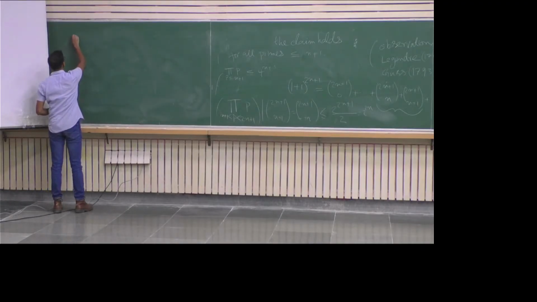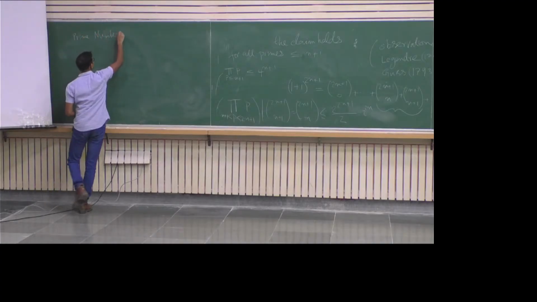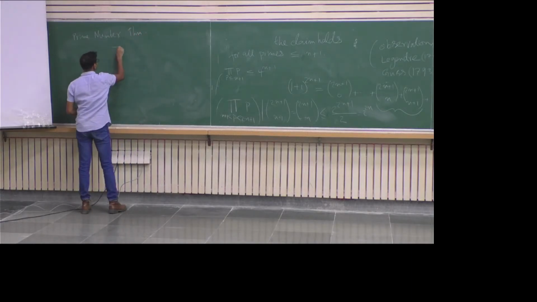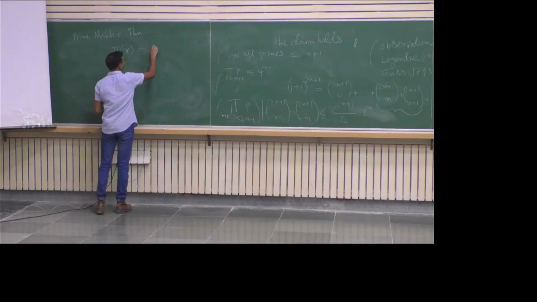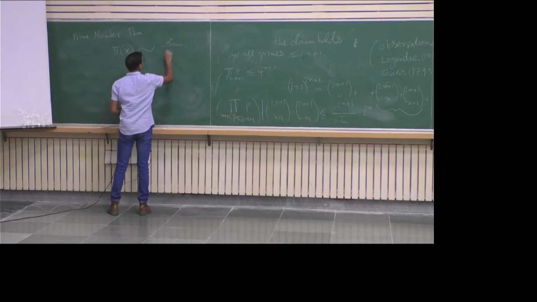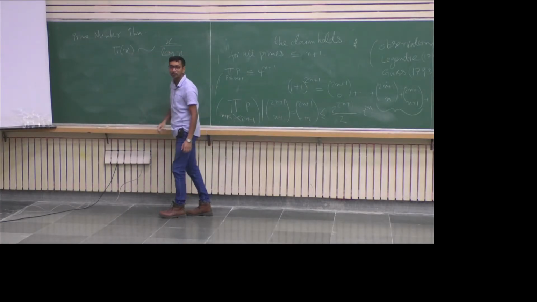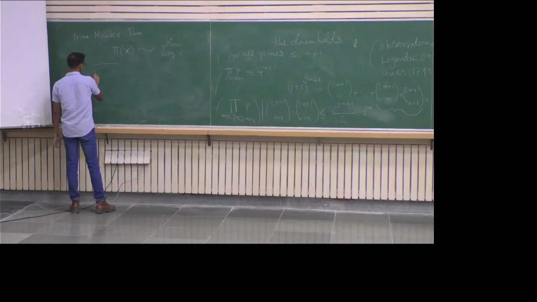So the prime number theorem, let's state it first. We are of course not going to prove it today, but just to introduce the notation. What does it say? Pi of x, that is the number of primes up to x, is of the size x by log x. What exactly does it mean by of the size? That just means that if you divide this by that, it is, wait, this is the notation.